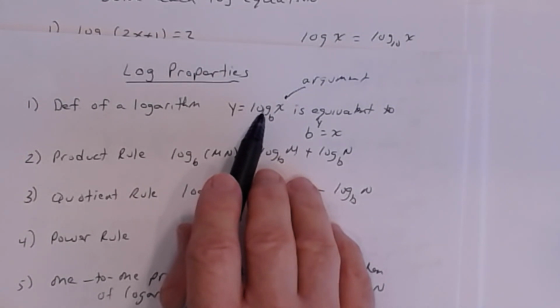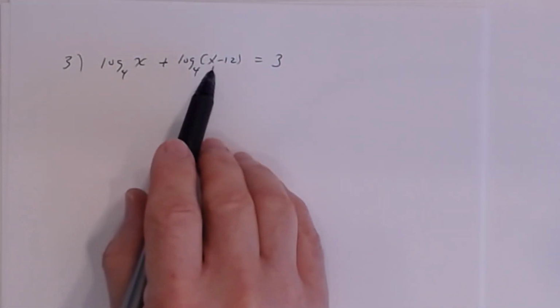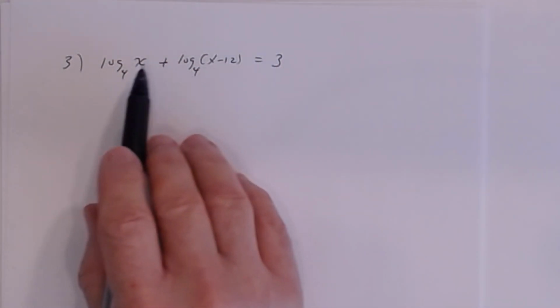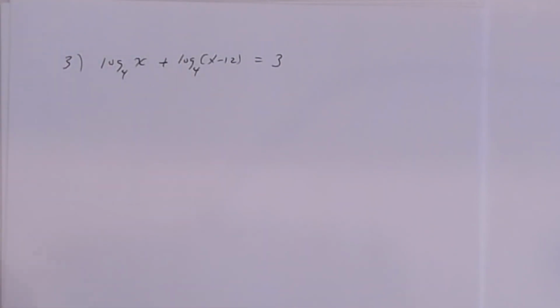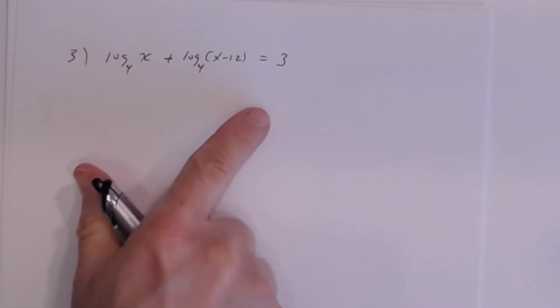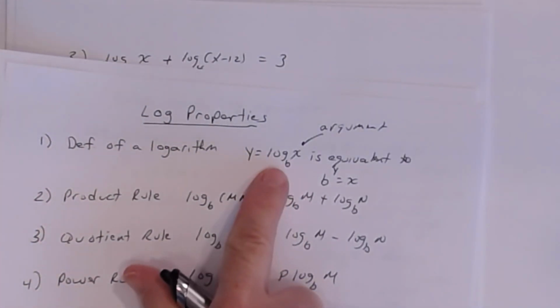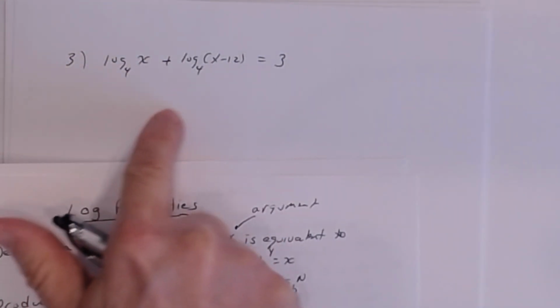The problem here is that on the left side there are 2 logs. So I cannot go directly to changing this log equation to an exponential. In order to do that, I've got to get this to be one logarithm.